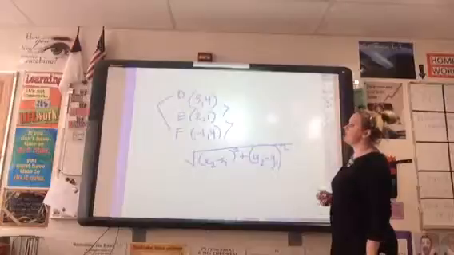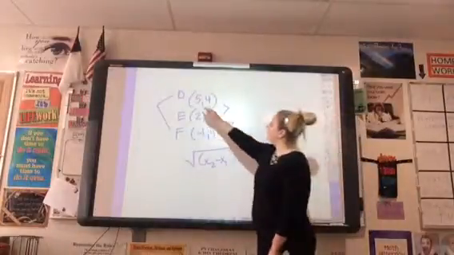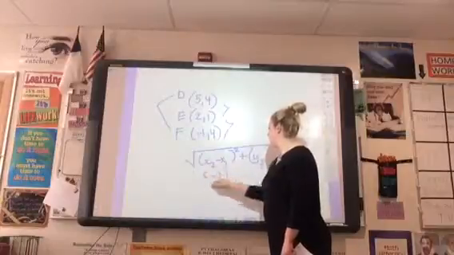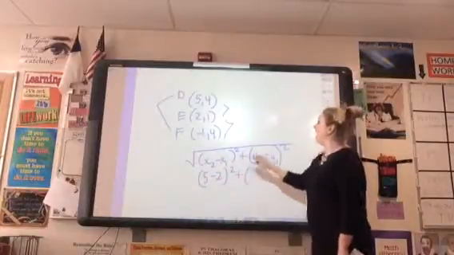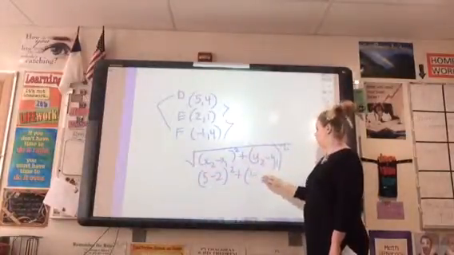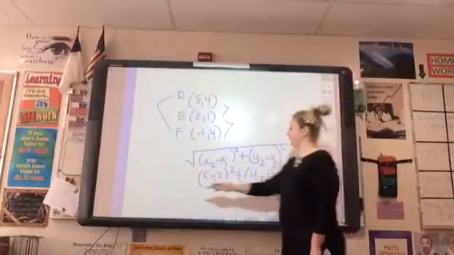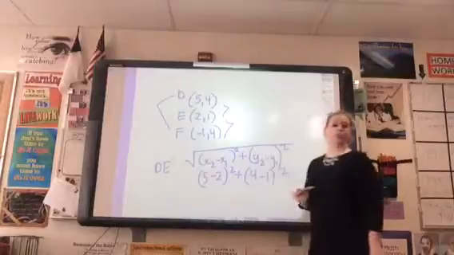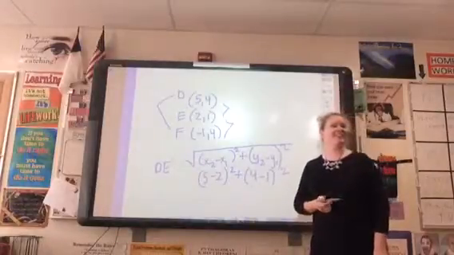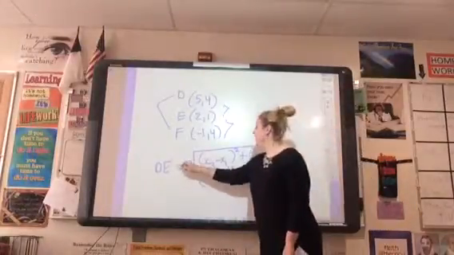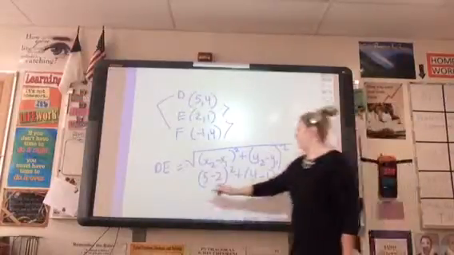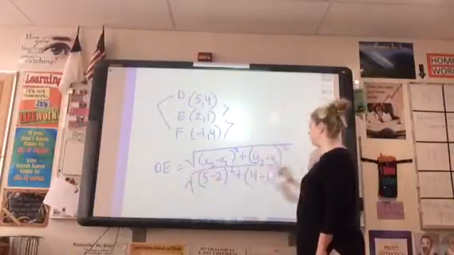So, if we're going to do DE, we have 5 minus 2 squared and 4 minus 1 squared. You can use your notes, but not your study guide. So DE equals that. We just solved 5 minus 2 squared.